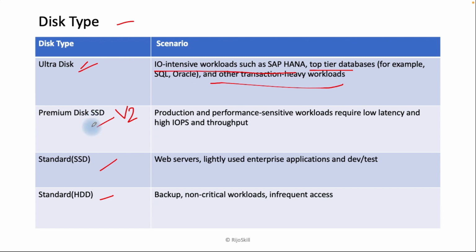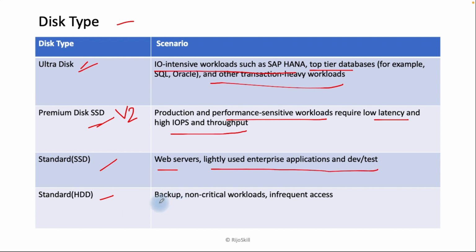Premium disk is for production, performance-sensitive workloads with low latency and high input/output throughput. It gives you good input/output operations and low latency. Another one is Standard SSD, used for web servers and lightly used enterprise applications like development and test.